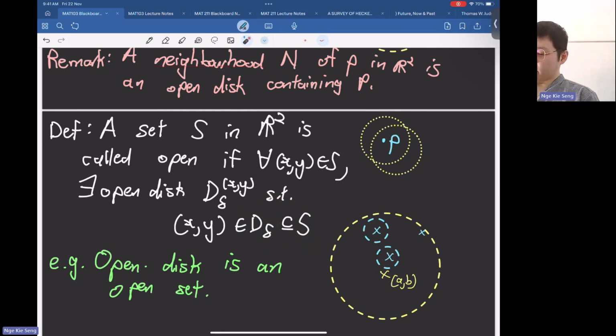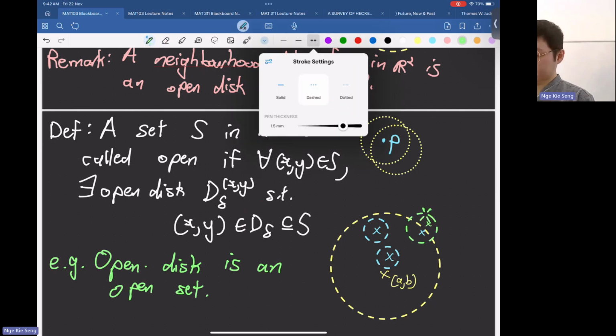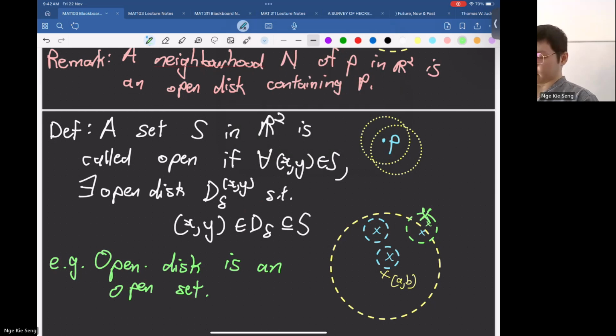You don't want to pick your open set something like this, containing some point outside. You cannot do this. As long as you make sure that everything inside your open disk is inside your set X. So let's call this set X.